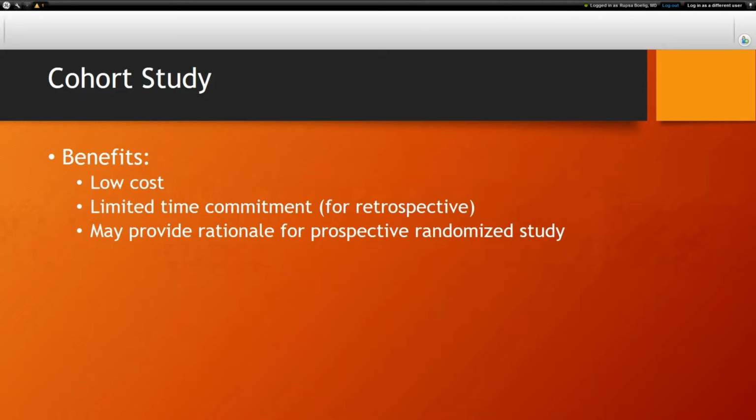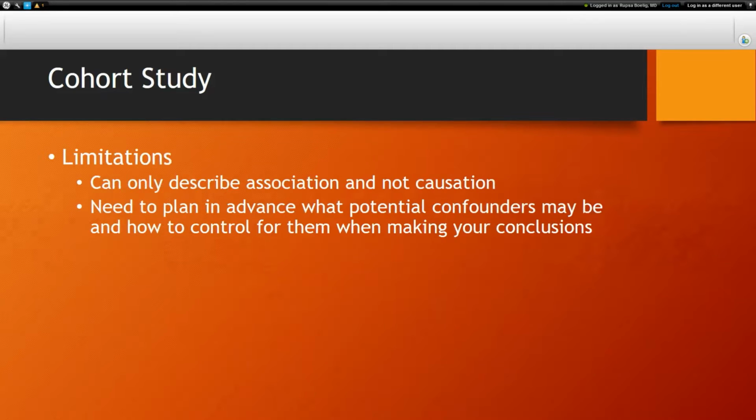That being said, you can also very easily do a prospective cohort study in fellowship as well, thinking about doing a 12 to 18 month prospective follow-up of any specific cohort and outcomes. And the benefit of a cohort study, in addition to being able to describe your finding, your association with outcome, et cetera, is that it can often provide rationale for a larger study or a randomized study.